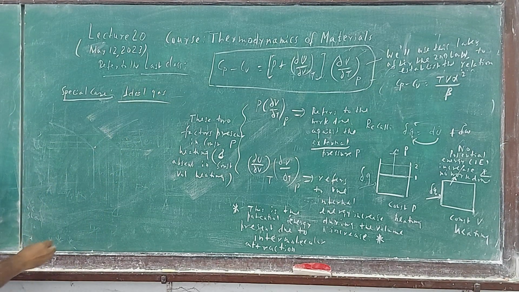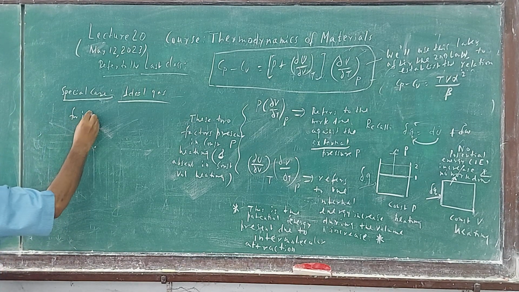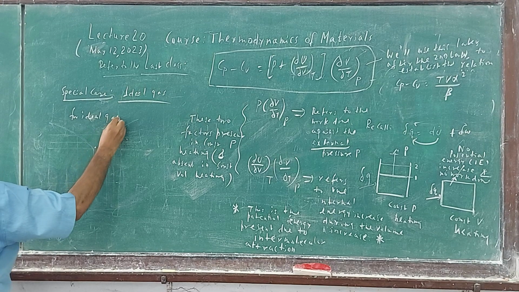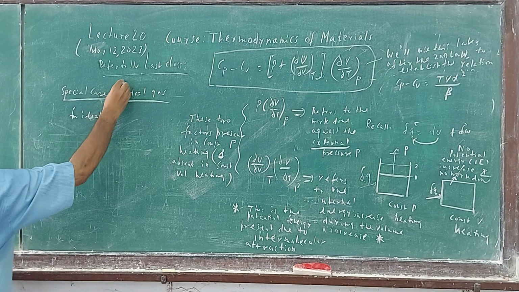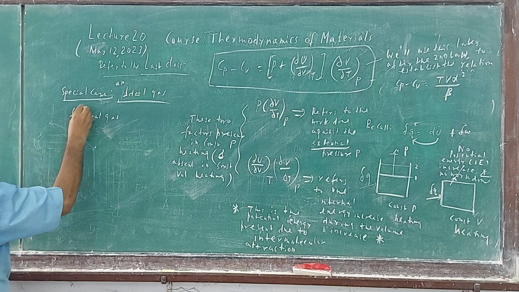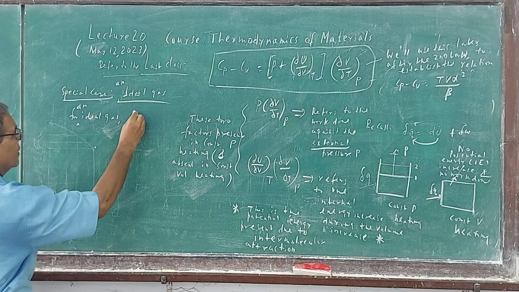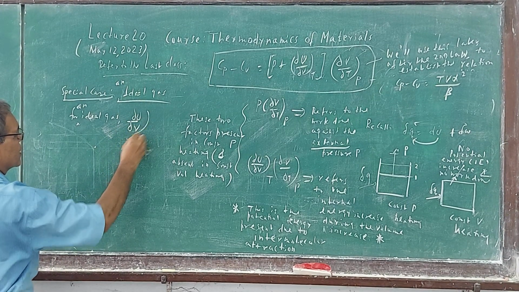Ideal gas as a system. For an ideal gas, what is del U del V at constant temperature?